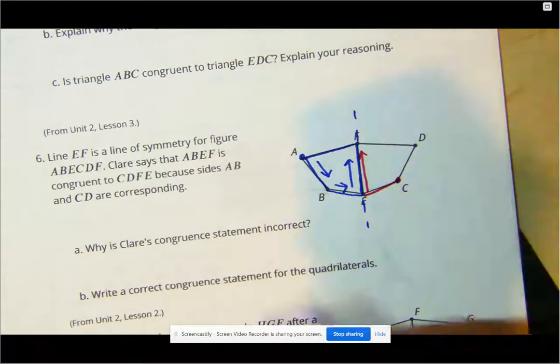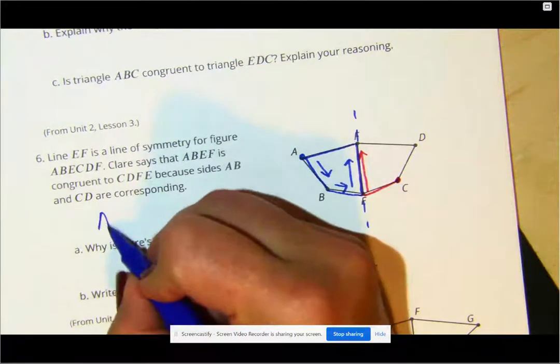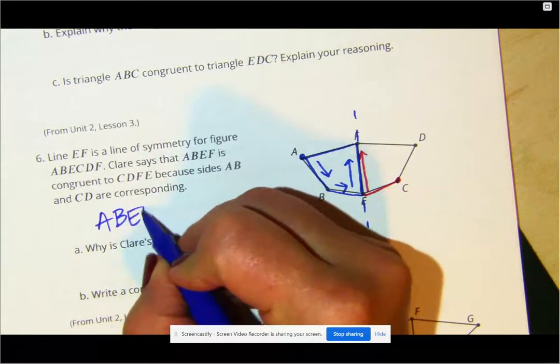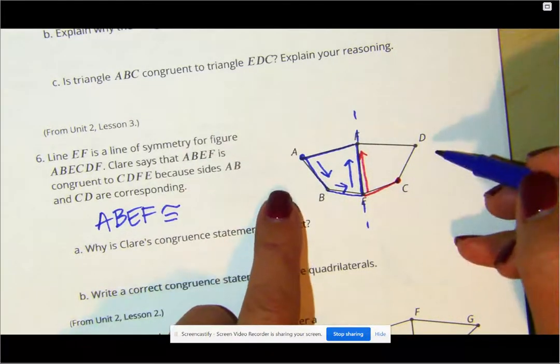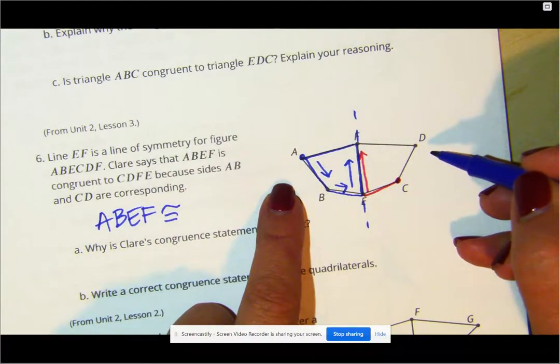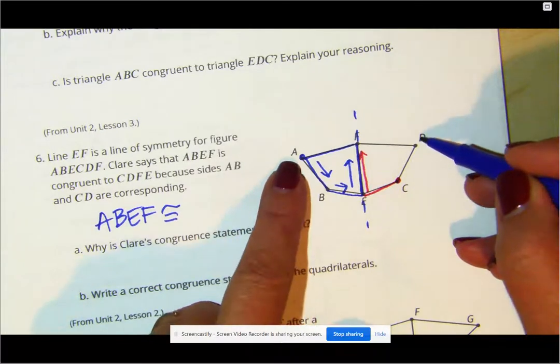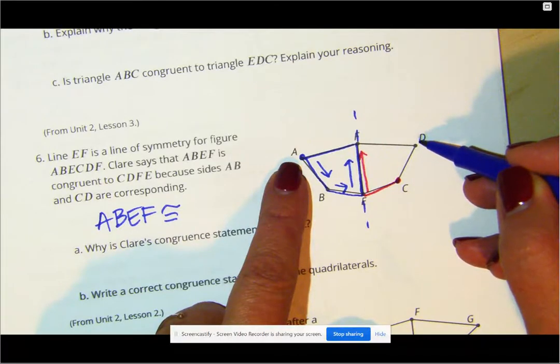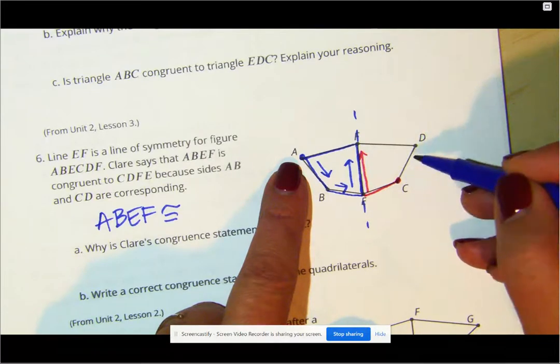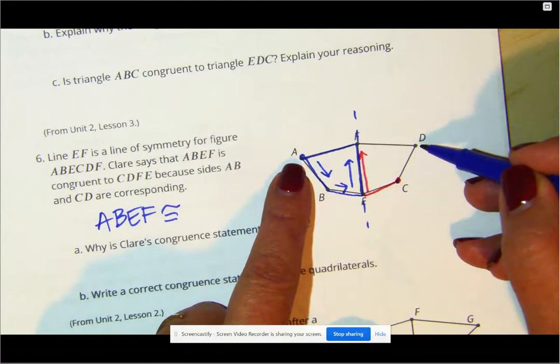So let's look at these closer up. So we've got A, B, E, F. Oh, and she started at D. Or, I mean, she should have started at D. And she started at the letter C. So angle A and angle D do not correspond to each other.